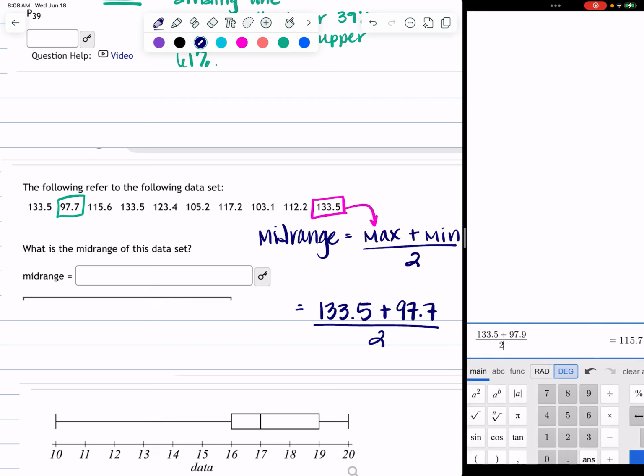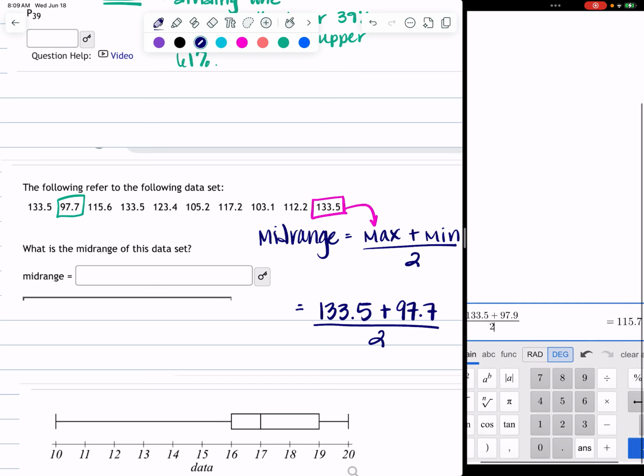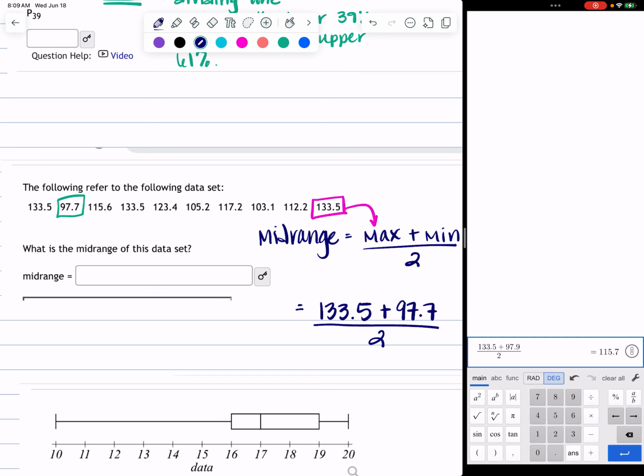This is one of the things I really like about Desmos. I accidentally typed 97.9 instead of 97.7. In other calculators, you would have to clear it all out and do it all over again. But in Desmos, when you make a mistake, click next to where your mistake is and push the backspace button and just fix your mistake. It's a beautiful thing. The mid-range for this data set is 115.6.